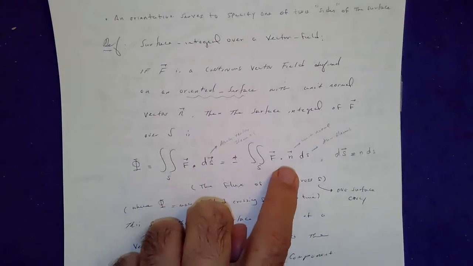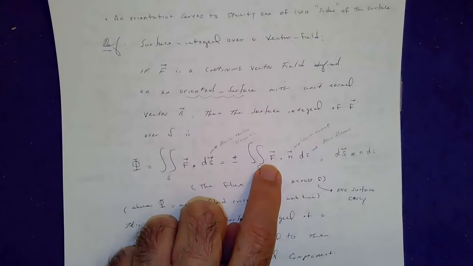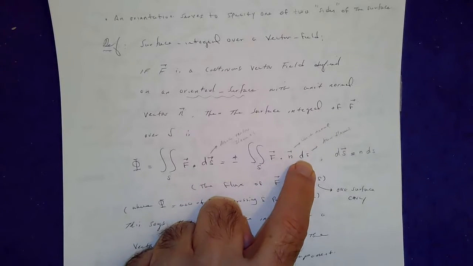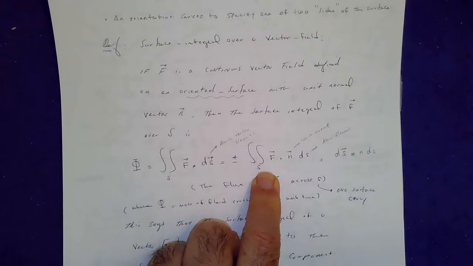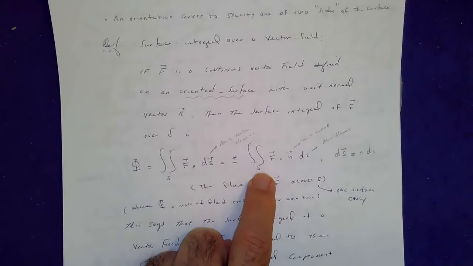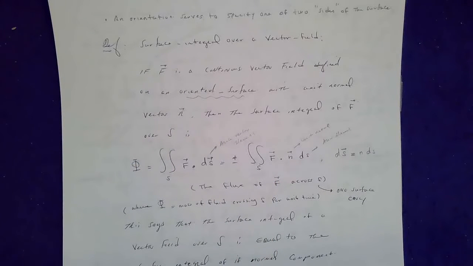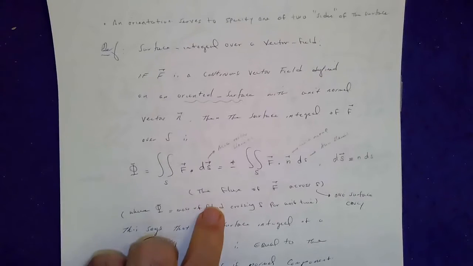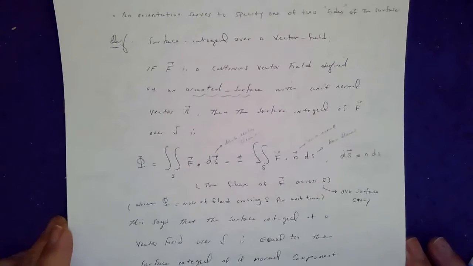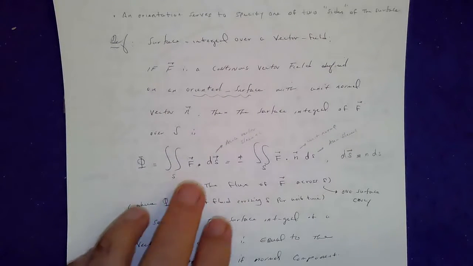So when you take the dot product of the vector field with the unit vector and evaluate it over surface S, and surface S has to be orientable, that means the direction of n should not change, then this is how we evaluate a surface integral over a vector field.